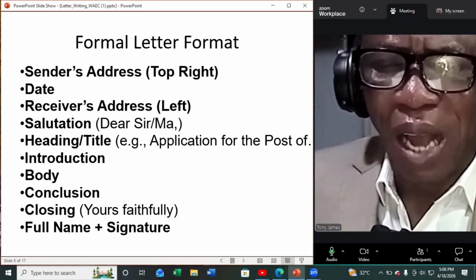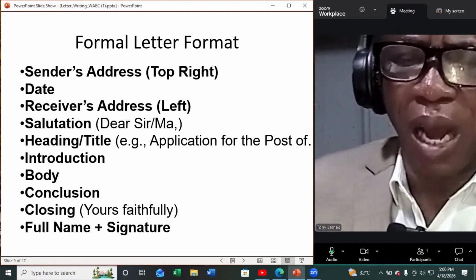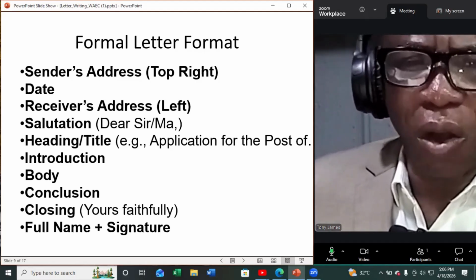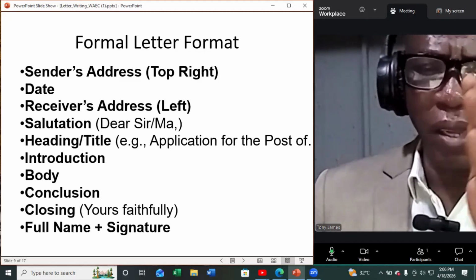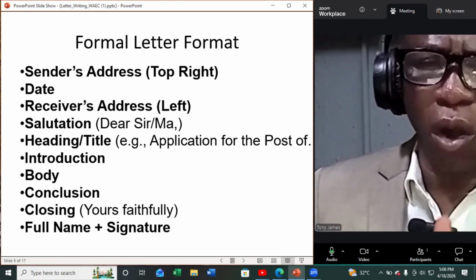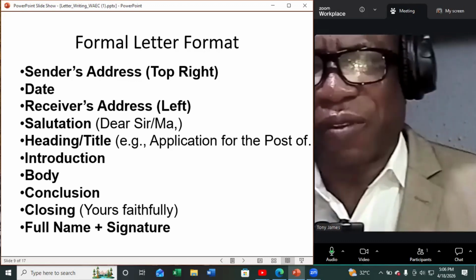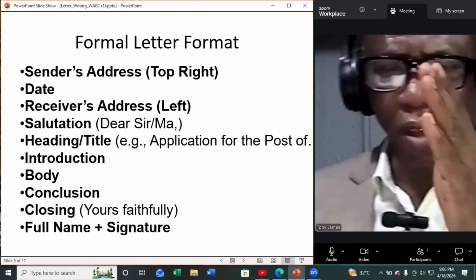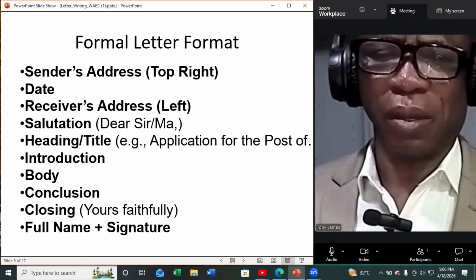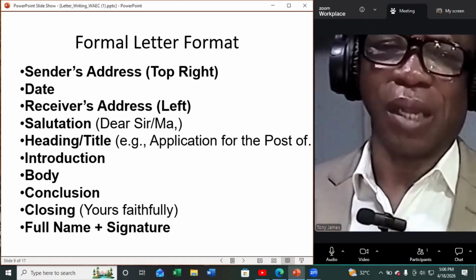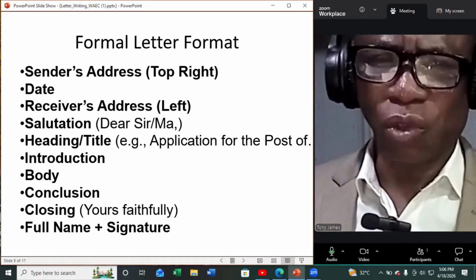Now, in the address, there is a lot of technicality in writing it. Students should ensure that the first word of each line in the address follows a straight line down from the first line of the address to the last line.